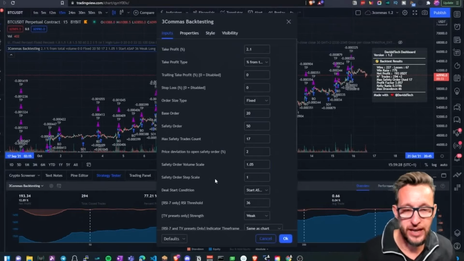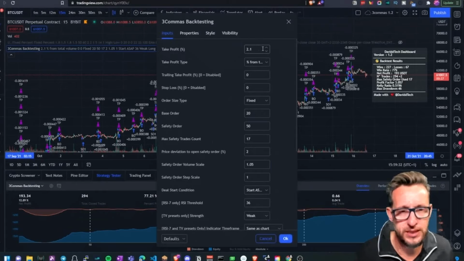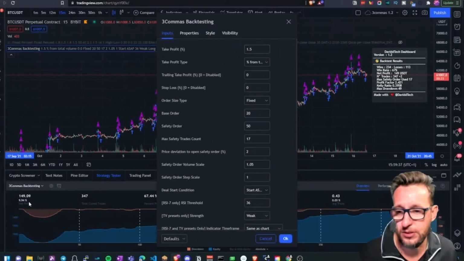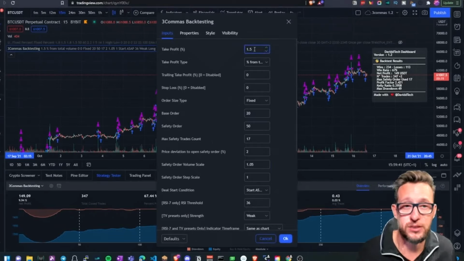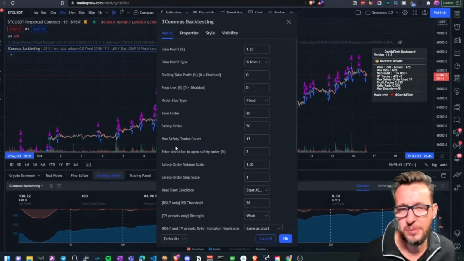The only real thing that I actually did manage to change was the net profit, which I put at 2.1%. If you take it down to 1.5, it decreases our net profit considerably to 9%, and if you go all the way back to 1.25, as I said earlier, we're going to be down to 9%.